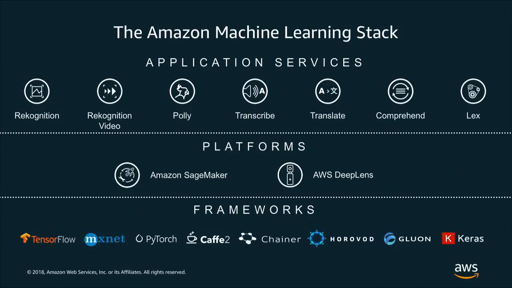So I want to be more specific about how we think about machine learning and how it relates to especially PyTorch here today. We think about machine learning in three different layers. We have the application layer, where essentially we have computer vision APIs as a service, speech, language, etc. And the bottom layer is the frameworks, where we make it easy for you to run any deep learning framework out there.